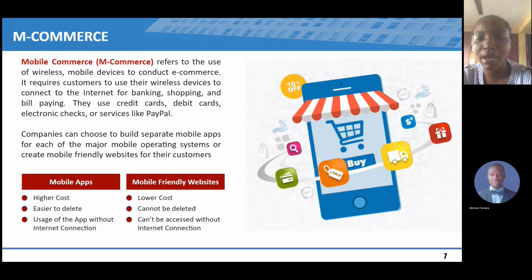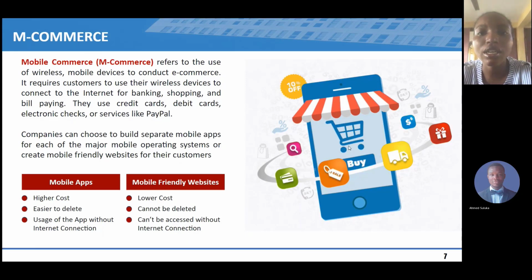Now, onto mobile-friendly websites. Mobile-friendly websites, compared to mobile apps, do not require huge capital outlay in order to build. Another feature of mobile-friendly websites is that they cannot be deleted. They are always there, no matter what. You can always click on the link and get access to them. Another feature of mobile-friendly websites that makes them different from mobile apps is that they cannot be accessed without internet connection.